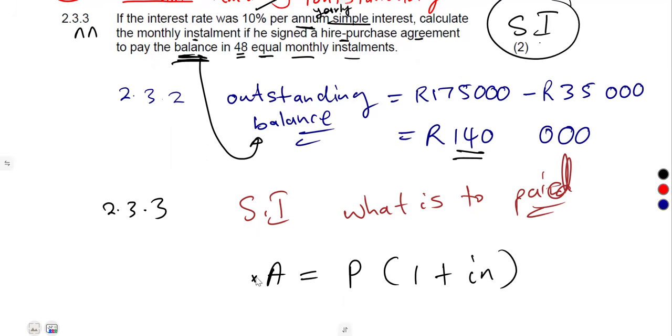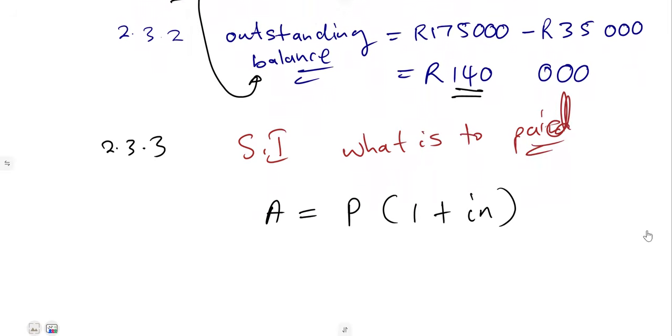So there is the accumulated amount, which is the one we must focus on. What is to be paid after the period? The amount accumulated, it is going to accumulate to which value? Calculate that, where the principal is the outstanding balance.